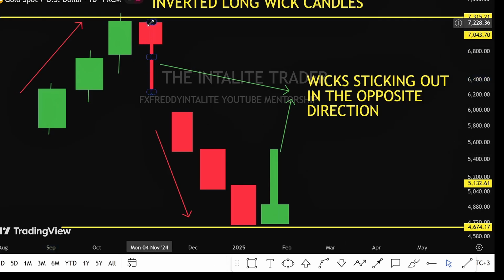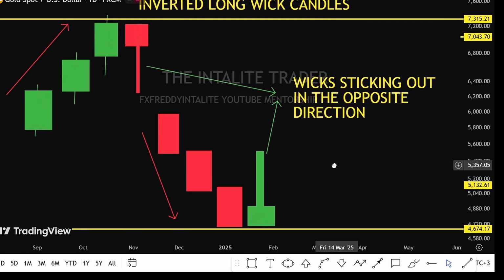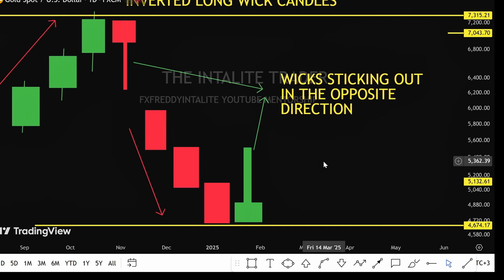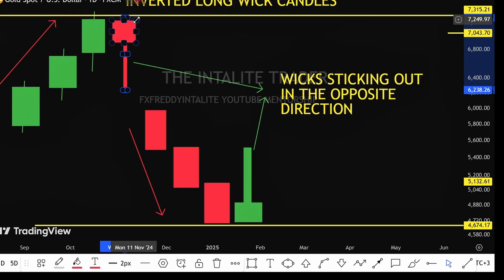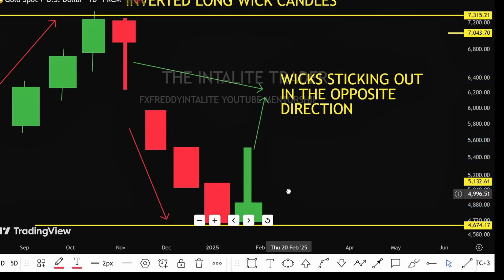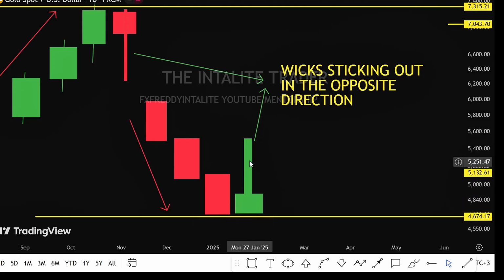So you then have candles with wicks sticking out in the opposite direction of the moving trend. What does that tell you as a trader, as someone who is trading candlestick patterns? So number one, it tells you that when price reached this level, you had a sudden selling presence that stepped in for the case of an uptrend, and for this downtrend, you had a sudden buying presence that stepped into the market.